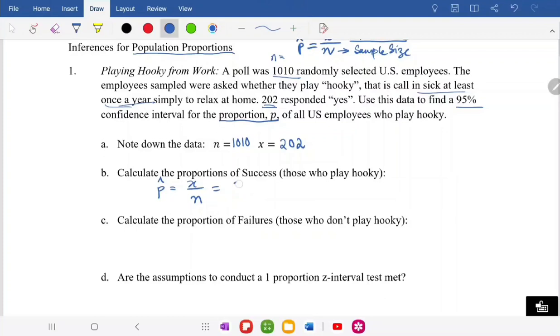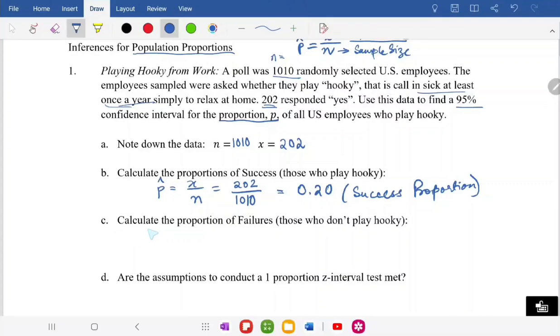We know x is 202 and n is 1010. When you do that calculation, you should come up with a value of 0.20 approximately, and that's our success proportion. It's called the success proportion because it represents the proportion that met your specified criteria.